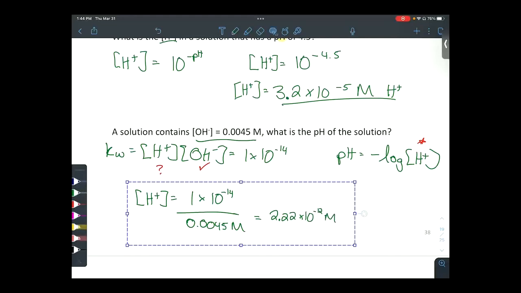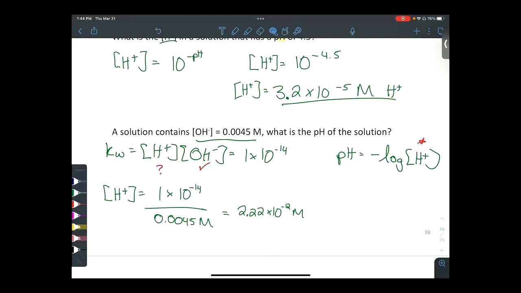Just based upon this information, is this an acidic solution or basic solution? Basic, because there's so much more OH minus. But let's see how basic it is. We're just going to plug that number into that equation, and I think the answer is 11.65. That's the pH. So yeah, it's pretty basic.